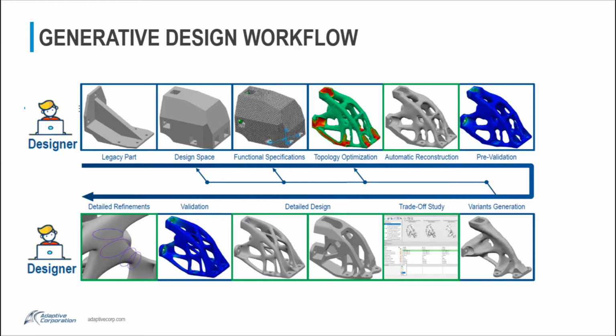The user can also define how many variants they want to generate and use multiple load cases in their optimization. Robust comparison tools then allow the user to review their design options in a dedicated tool called Trade-off Study. Once the optimized part is chosen, detailed surface modeling and refinements can be made, and the final part is ready to be printed.